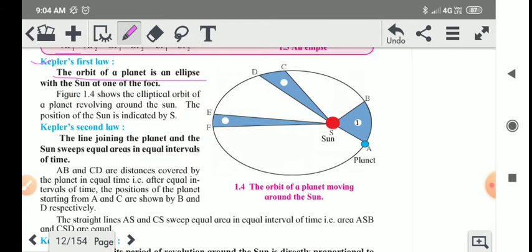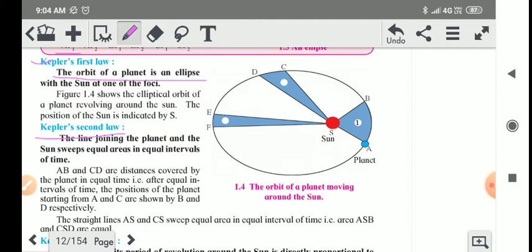Now Kepler's second law: the line joining the planet and the sun sweeps equal areas in equal intervals of time.